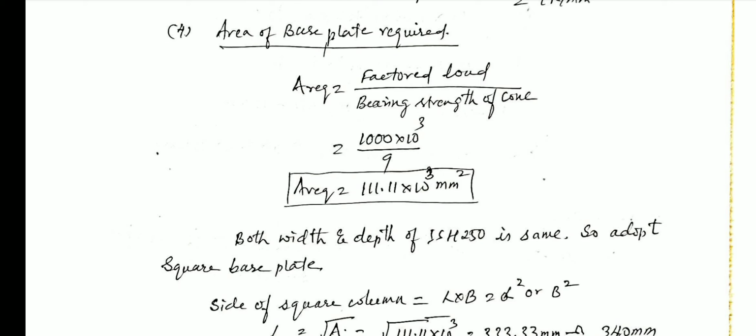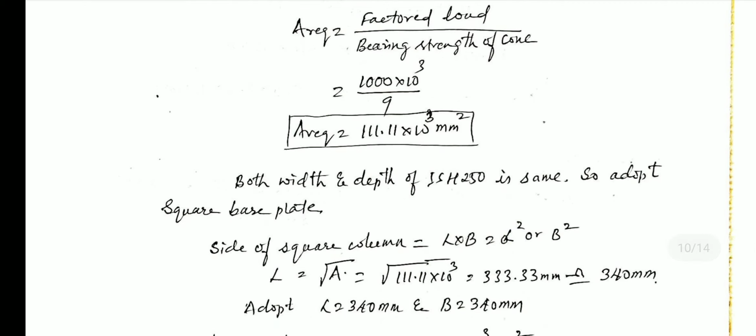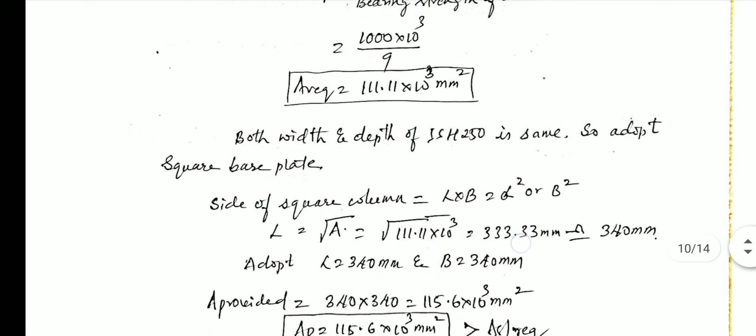Now both the width and depth of the ISHB are the same, so adopt a square base directly, because I already said at the start of the problem that B and D are the same, so that is a square column, and we will design a square base. For the side of the square base, area is equal to L into B, L is the same and B is the same, so you can take B square is equal to area.